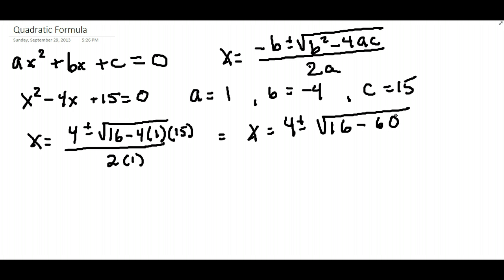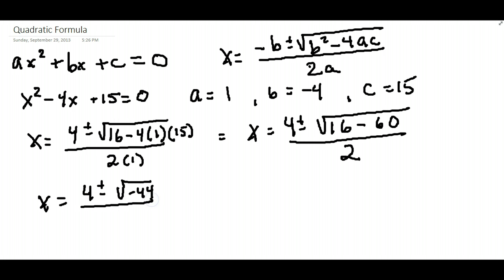Okay, all of that over 2. Then we simplify it even more, and now we have x equals 4 plus or minus the square root of negative 44, over 2.